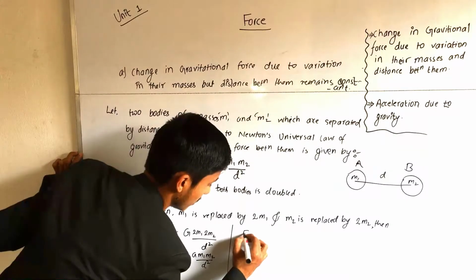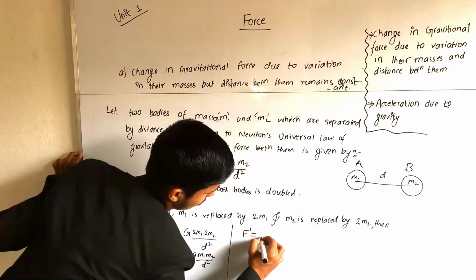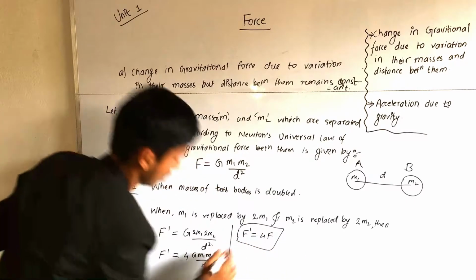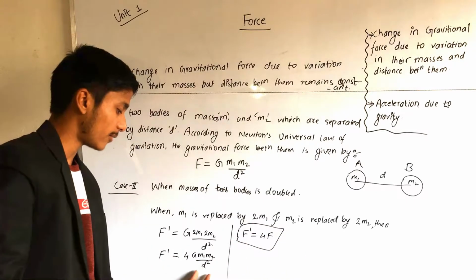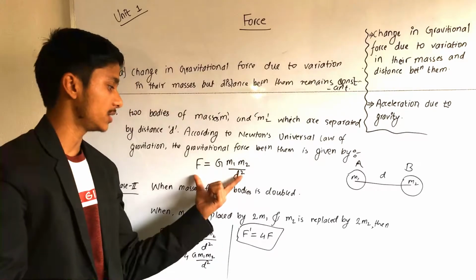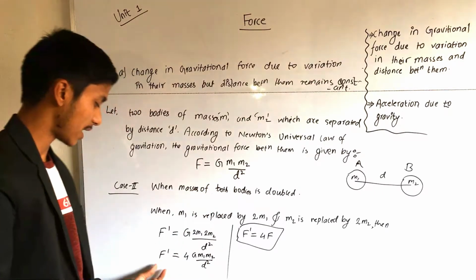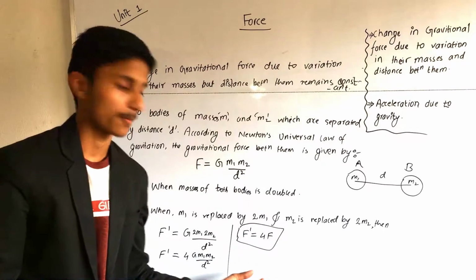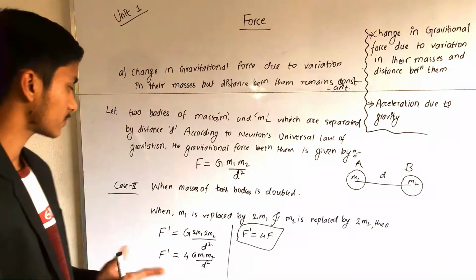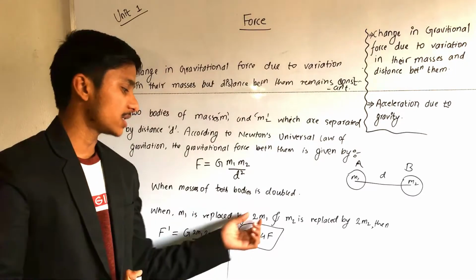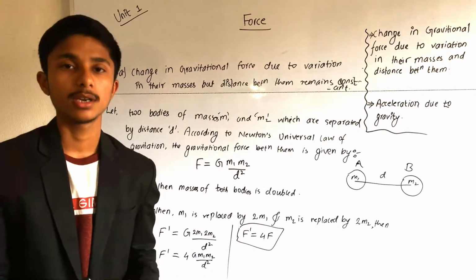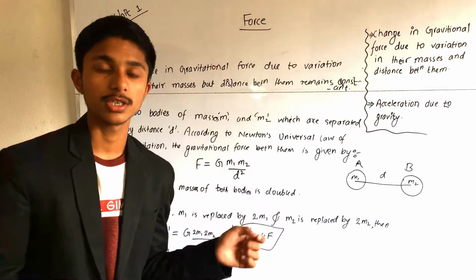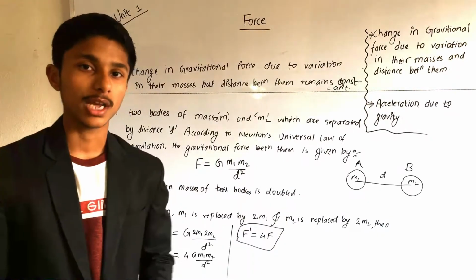So F dash is equal to 4 times F, where G m1 m2 by d square is F. When the masses of both bodies are doubled, then the gravitational force between the bodies increases by 4 times.